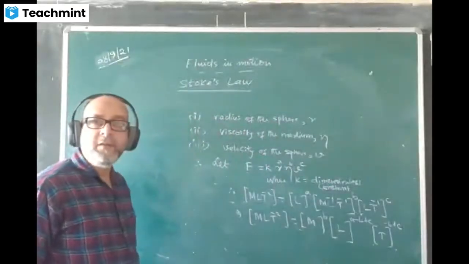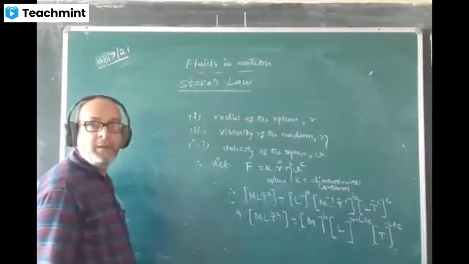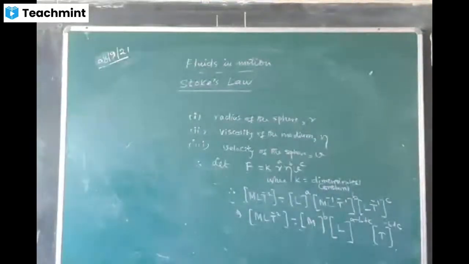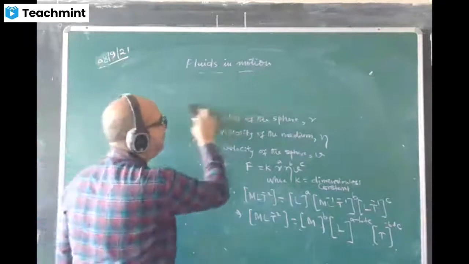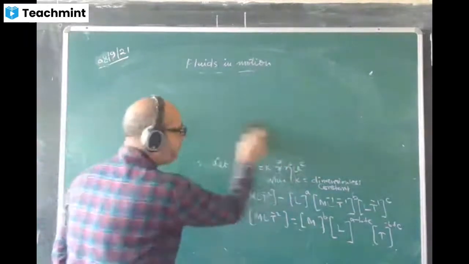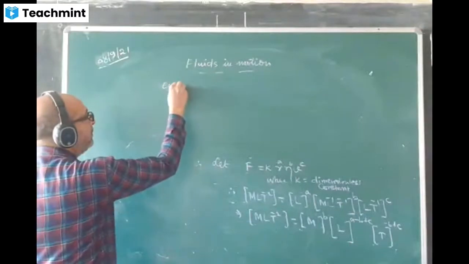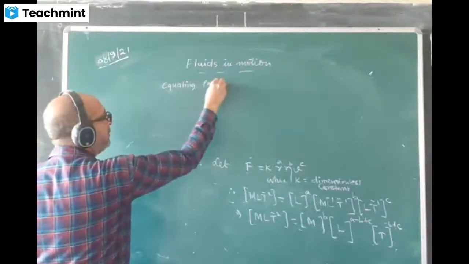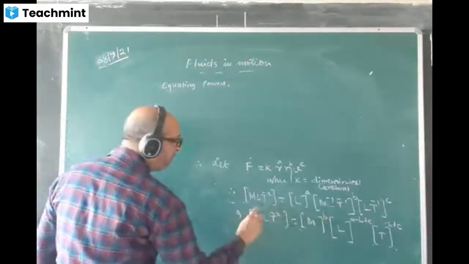Now after that, we equate powers. Let us equate the powers on both sides. The value of b becomes 1.